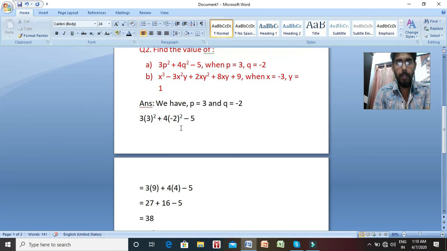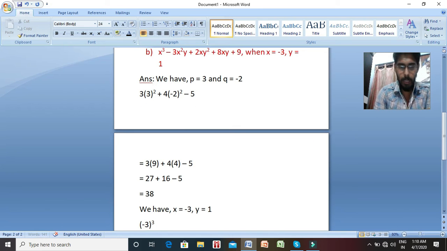Then we have minus 3x square y, so x will be minus 3, y will be 1, so minus 3 times (-3) square into 1, or we can put it in dot form also, dot 1.